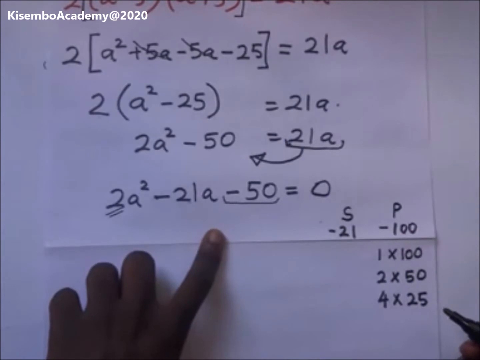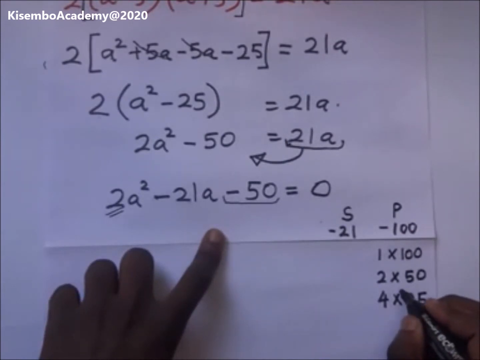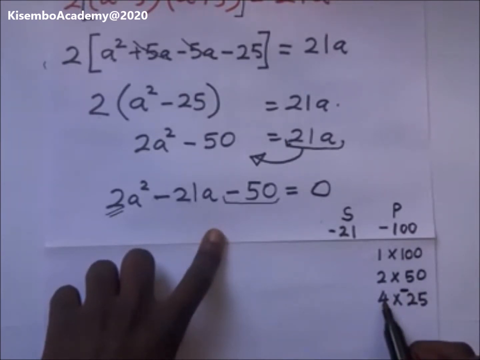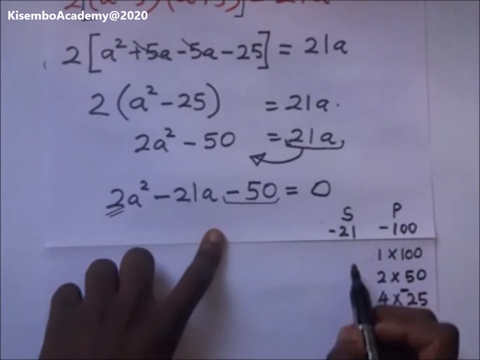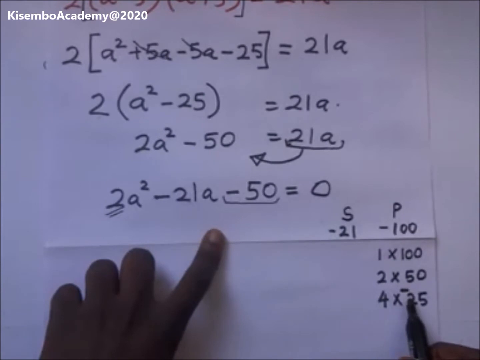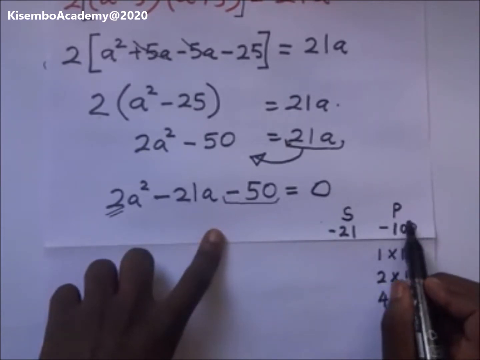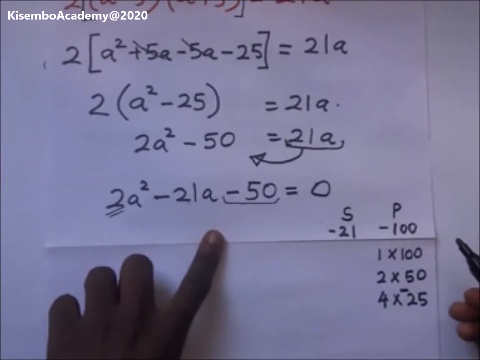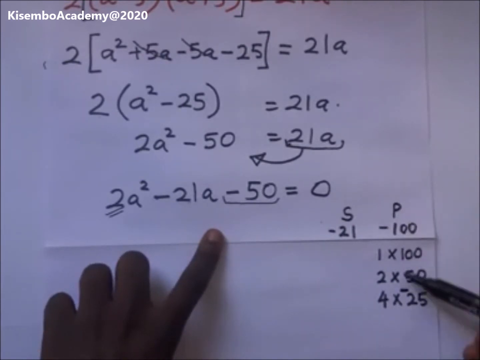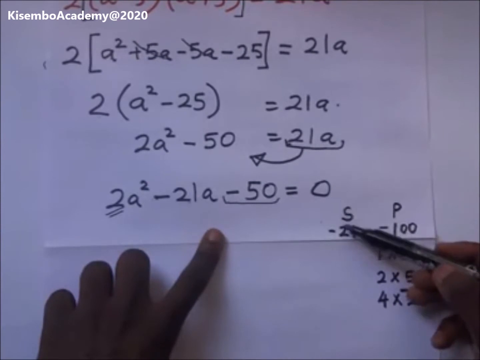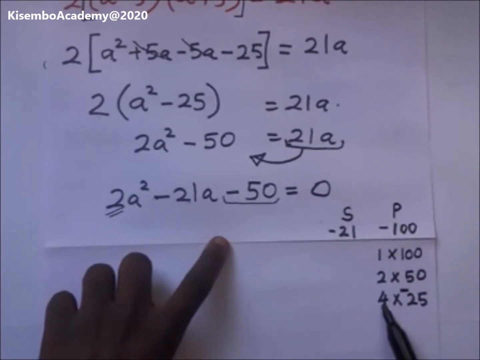If we made 25 negative, 4 plus negative 25 gives us negative 21. Then 4 times negative 25 gives us negative 100. So when we multiply these two, they give us a product of negative 100. When we add these two, they give us a sum of negative 21. So we'll go with these two.